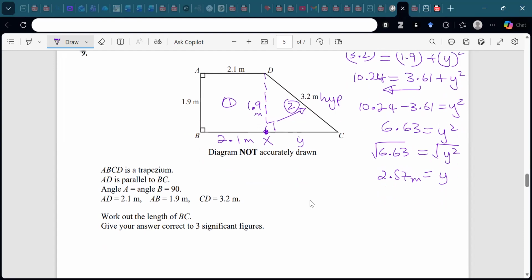So the entire length of BC is going to be the length BX plus XC. BX we know to be 2.1 plus XC we know to be 2.57 approximated, all right?